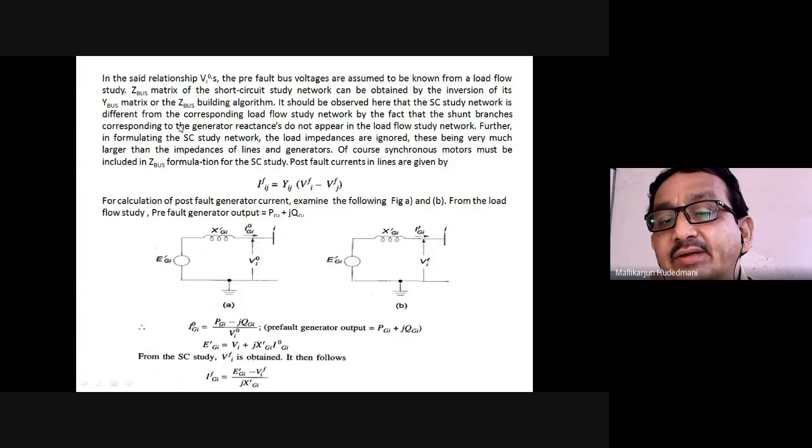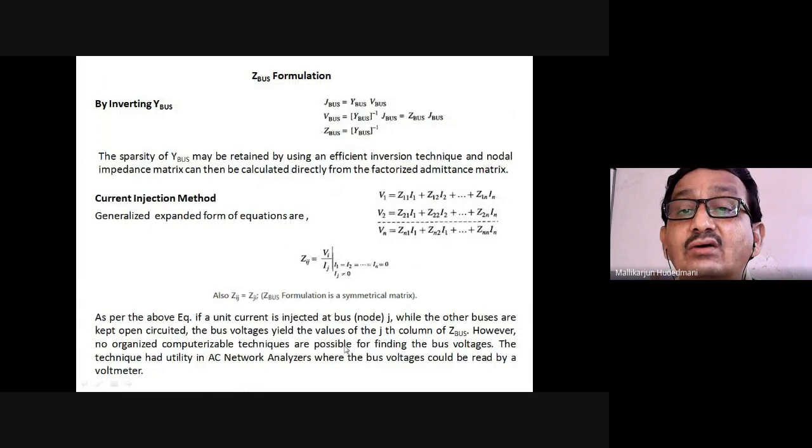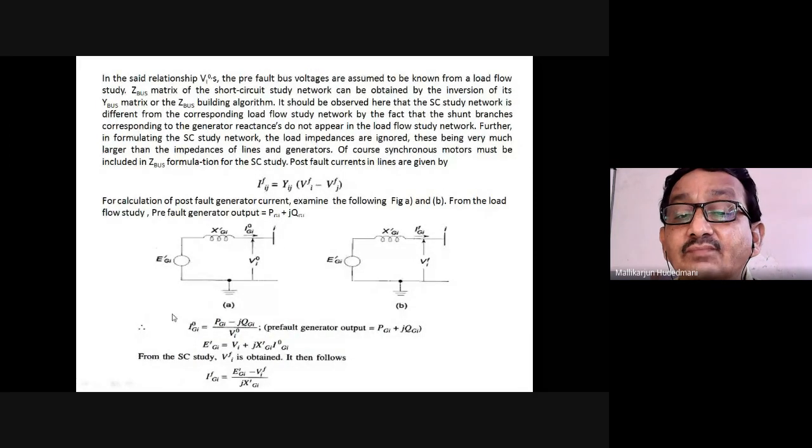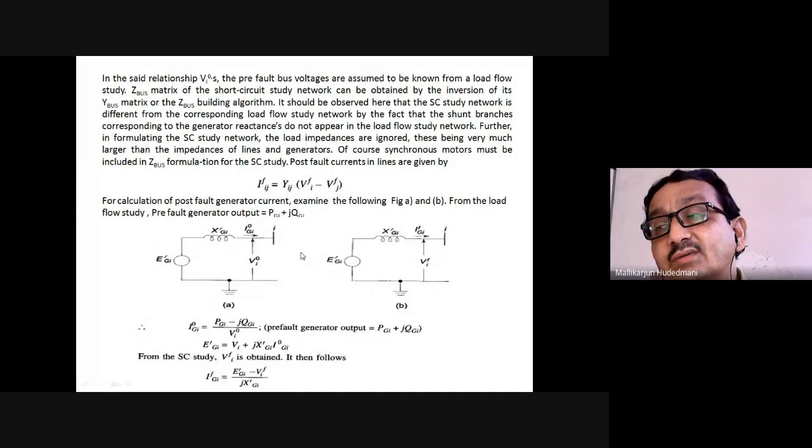It's very simple, isn't it? This representation I am doing: IGiF is (E'Gi minus ViF) divided by jX'Gi. Similarly, I go ahead. So this necessitated the need for the study of Z bus. This was one simple concept I wanted to convey to you.